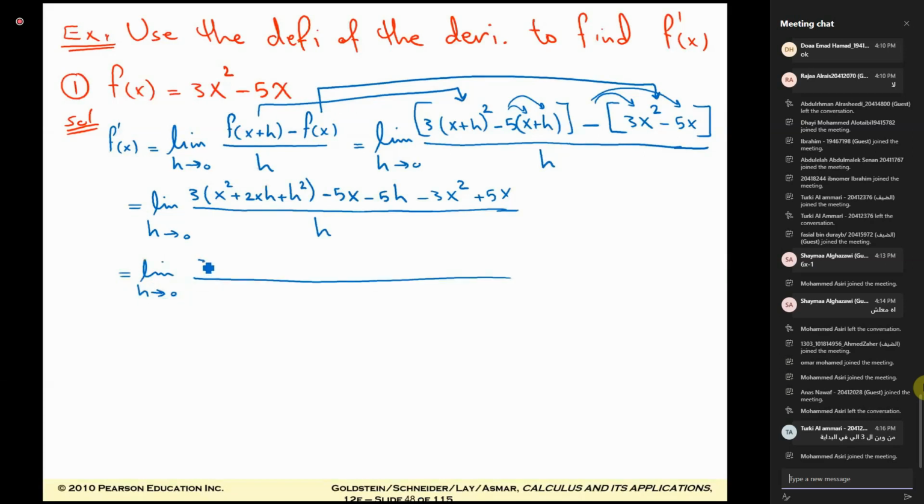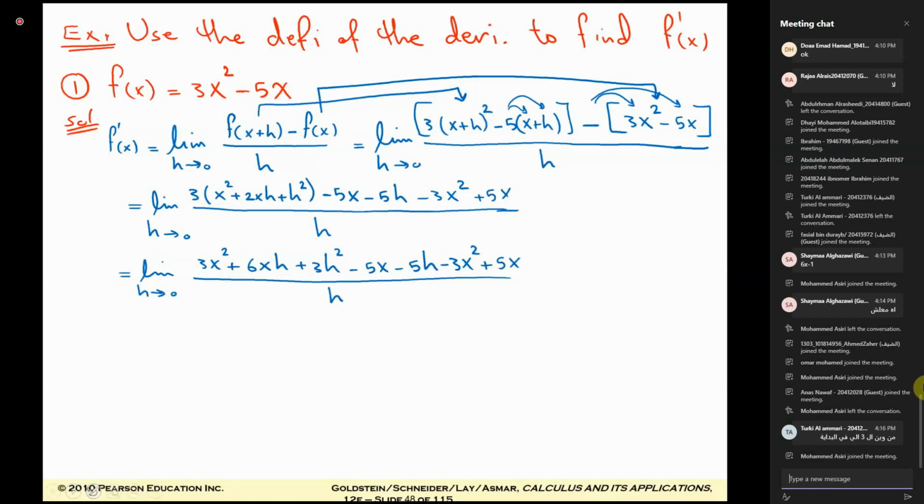We have 3x squared plus 6xh plus 3h squared minus 5x minus 5h minus 3x squared plus 5x, over h.